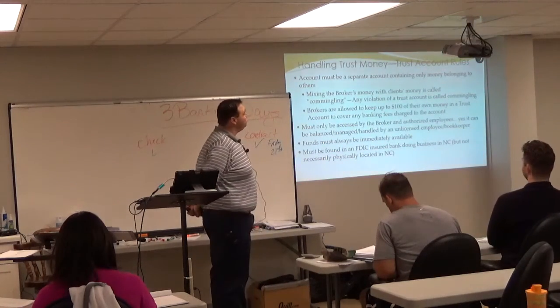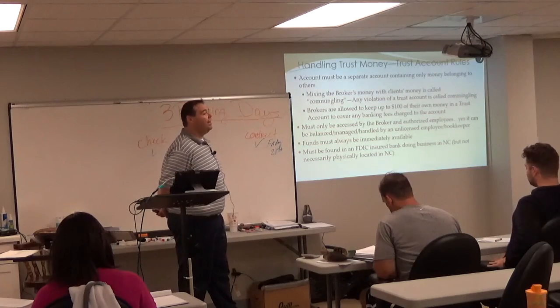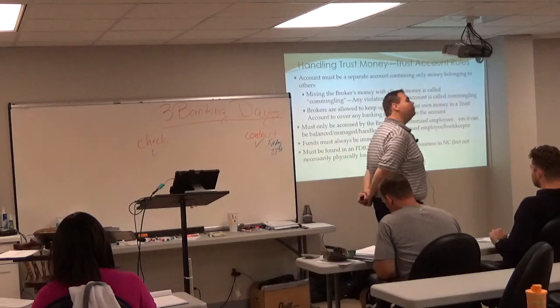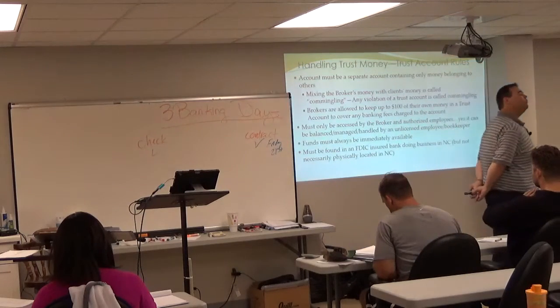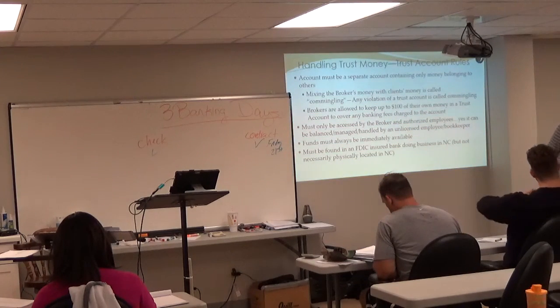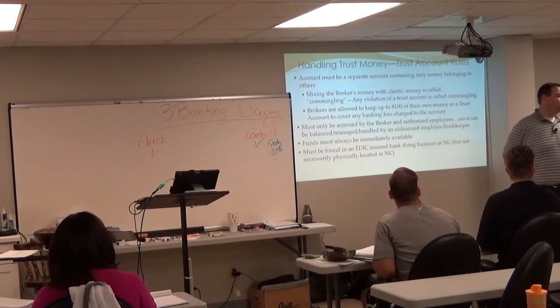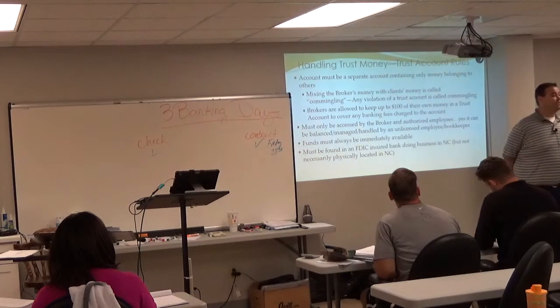Yeah. Now, as far as the rules of trust accounts, any violation at all with a trust account is called commingling. People tend to get hung up on this. For some reason, you tend to understand, if there's not enough money in the trust account, it's called what? Commingling. If there's too much money in the trust account, it's called what? Commingling.